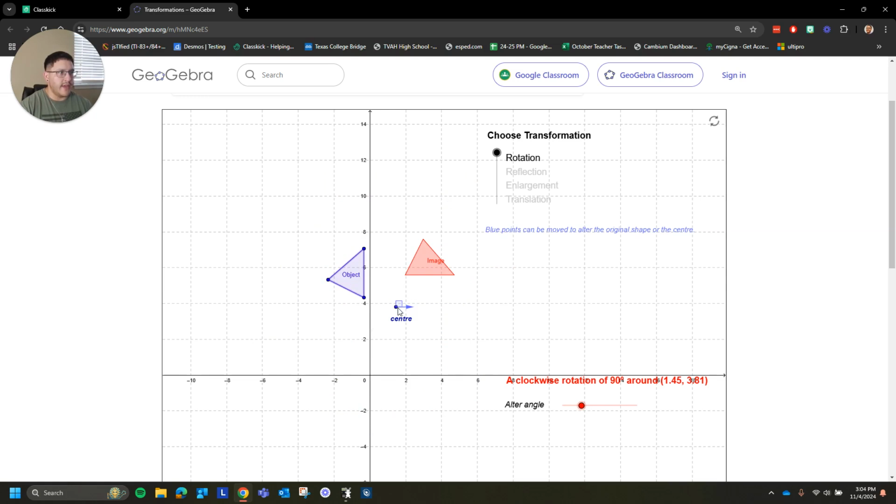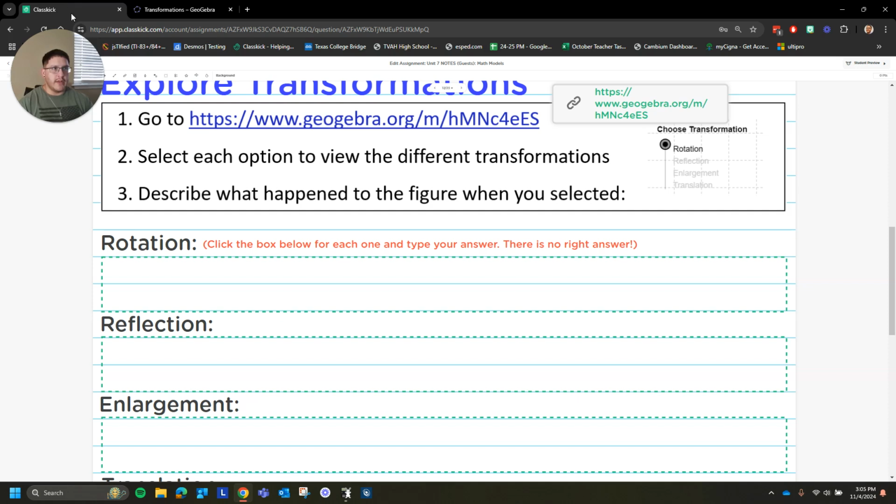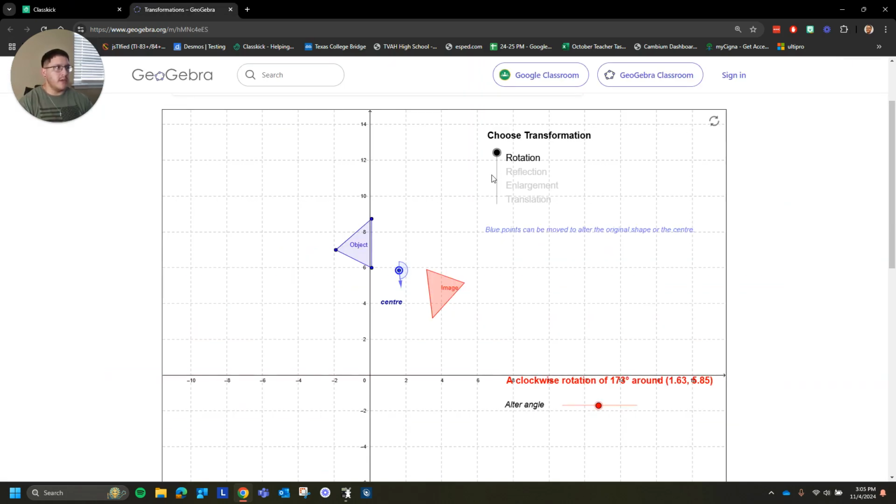And then you have a center of rotation that you can move. And then once you're happy with where everything is located, you can use this slider right here at the bottom to have that image rotate around that center. Okay, so you can mess around with that however you want. And then just put your answer over here in ClassKick for rotation.